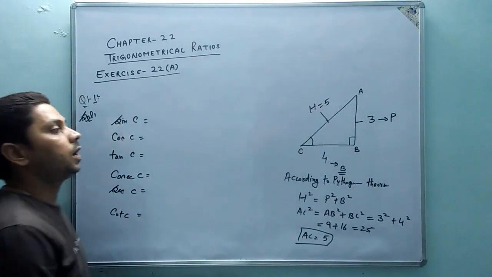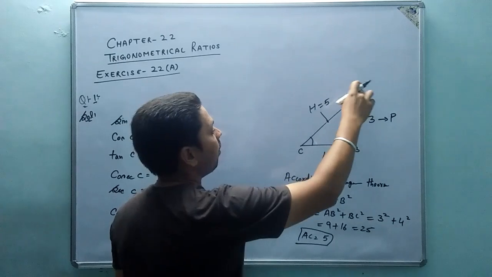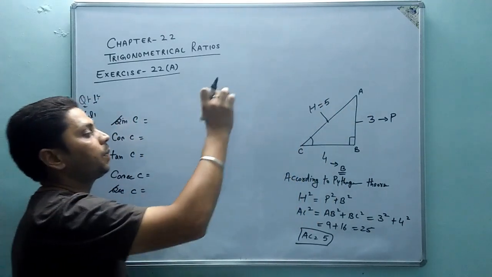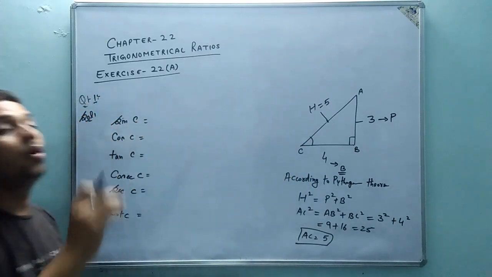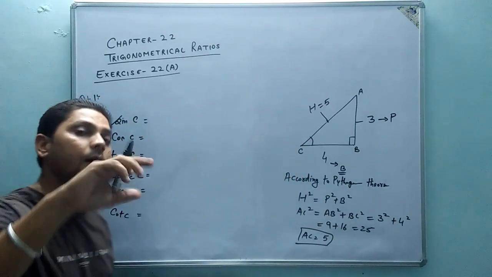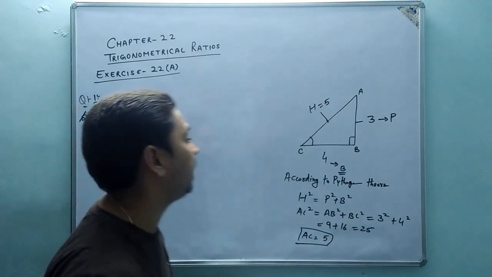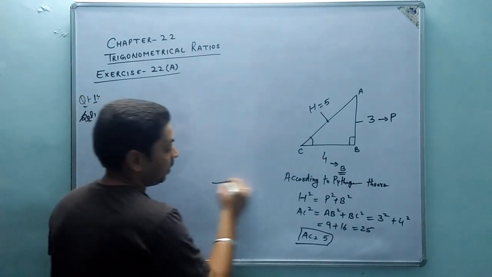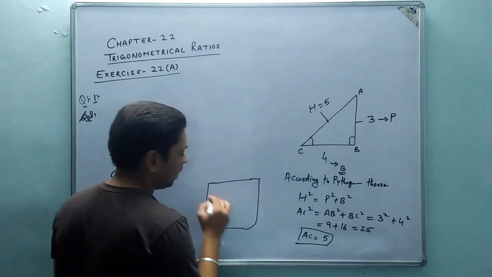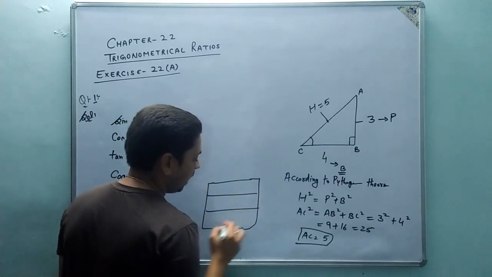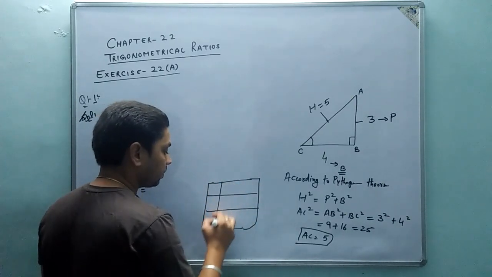Now we have all the sides of your right angle triangle: perpendicular, base, and the hypotenuse. Now we will apply the same rule. That is, we have a common rule here for sine, cos and tan.